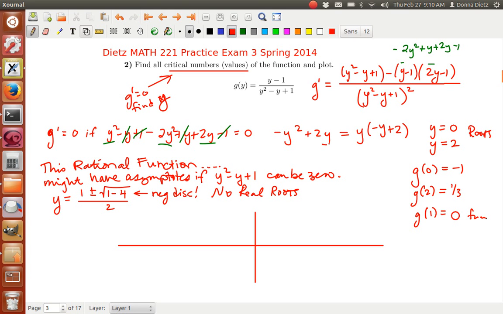So we have a point here that has a horizontal tangent line at 2. I'm sorry, at 1 it's 0. Put that in the wrong place. Sheesh. And then this guy at 0 it's negative 1.